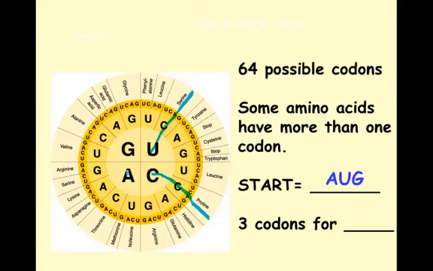AUG. Methionine. What that means is every protein is going to have methionine as its first starting amino acid. Those may be changed later on, but as the protein is being made, every protein starts with methionine.